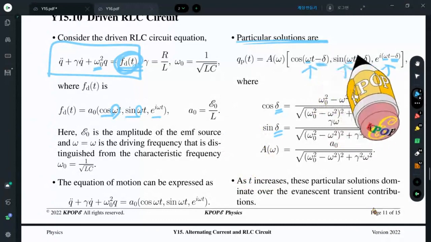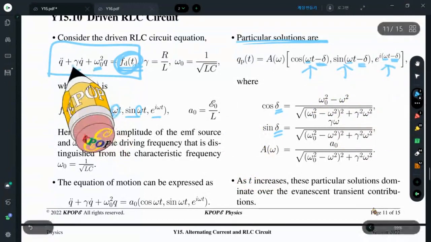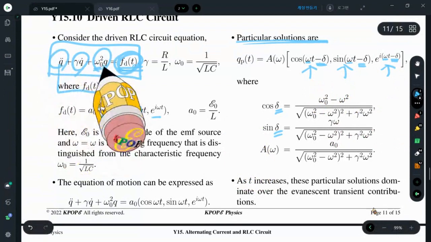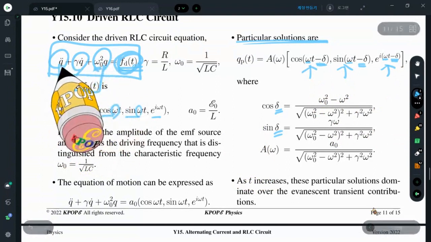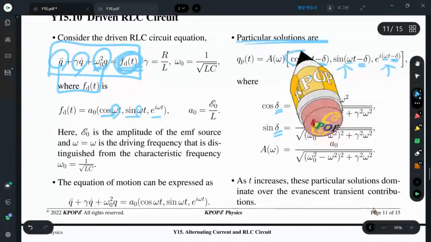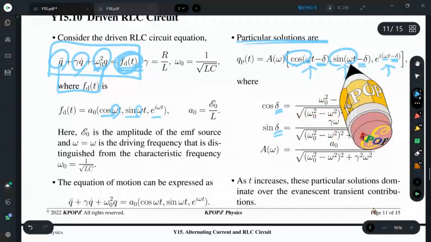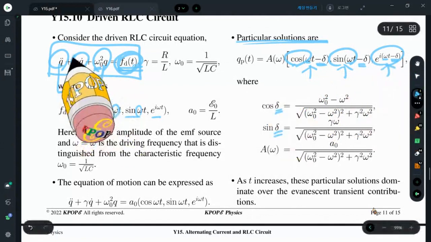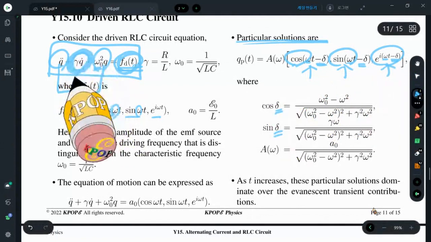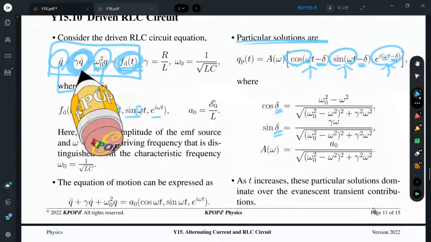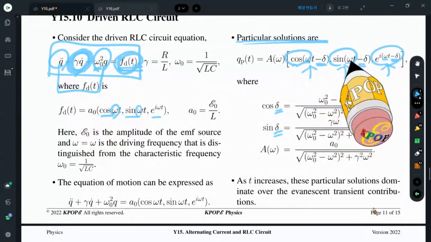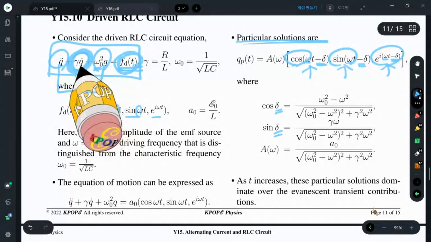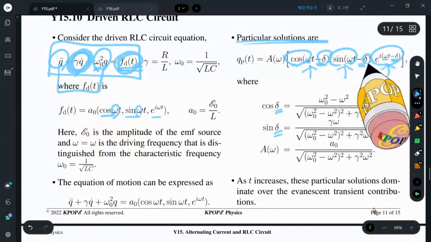This delta must be there because we have this term. This and this don't care, because you take the derivative twice: cosine becomes cosine, sine becomes sine, exponential becomes exponential, the same function. But only the resistive term will flip cosine into sine and sine into cosine. Anyway, because of that, there must be a phase shift delta.